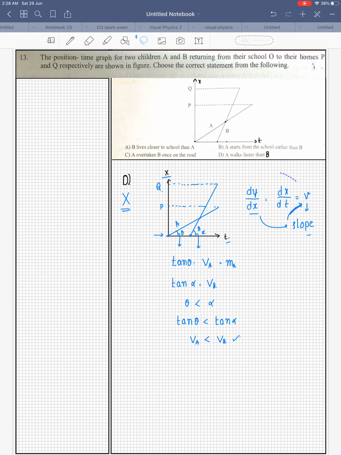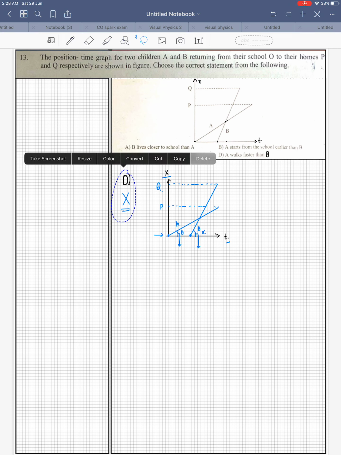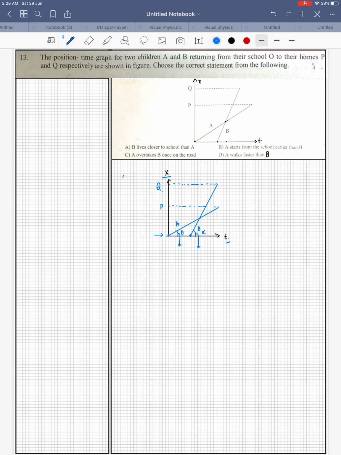Now if I look at option A, what does option A say? This is the school and this is home.